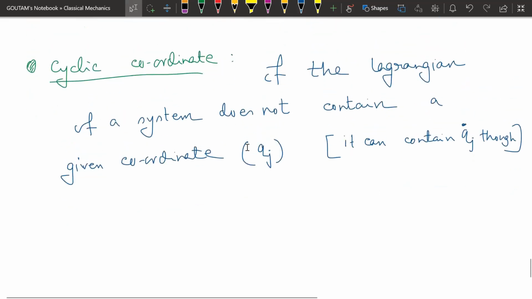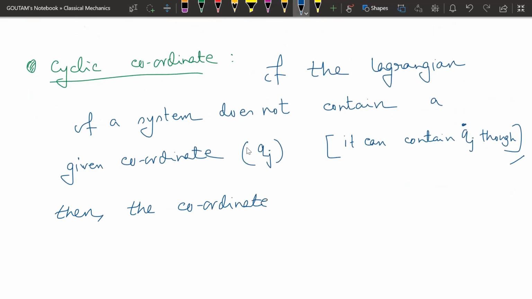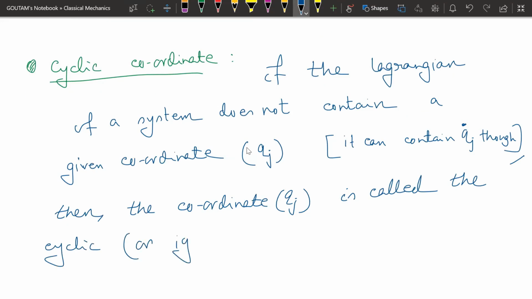In that case, the coordinate Qj is called the cyclic or ignorable coordinate.